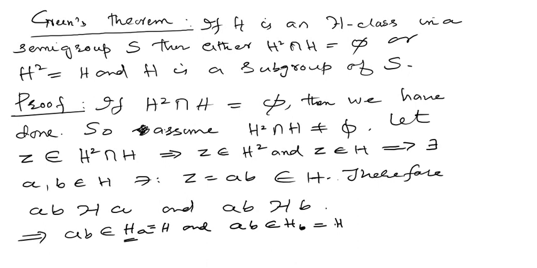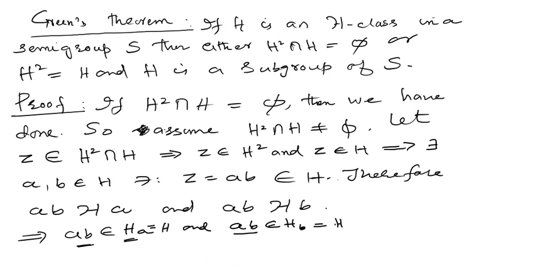Here we have rho B, because B is on the right side and rho B is a right translation, and here we have lambda A, because A is on the left side, so it is a left translation.